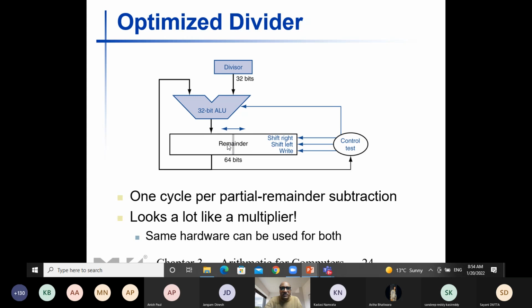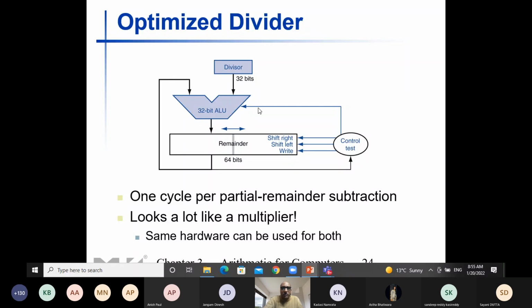So initially the entire 64 bits can be filled by the dividend, and then the dividend has to be shifted for every iteration. In every shift you will get a vacant bit, and that vacant bit can be filled with the desired coefficient value. That way, using this optimized circuitry, you can perform a division.